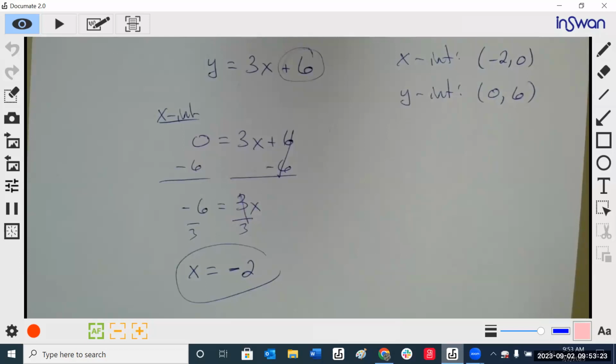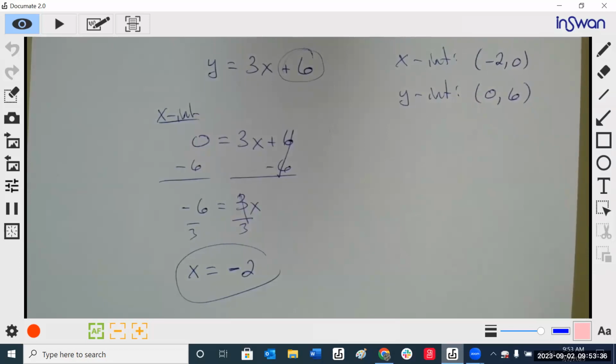Okay, now I'm going to give you 3 equations. I want you to graph them for me. Why 3? Because one in each format. One is slope-intercept, one is point-slope, and one is standard form.